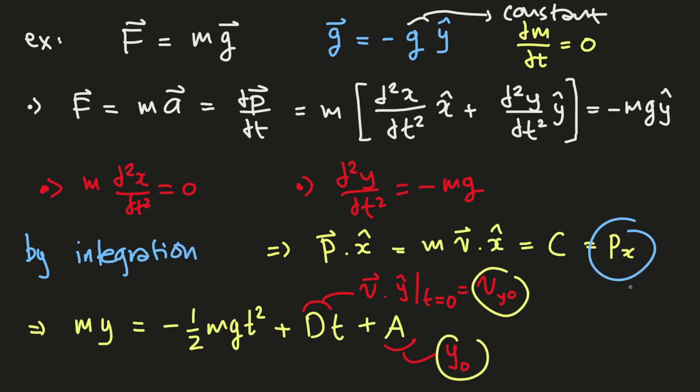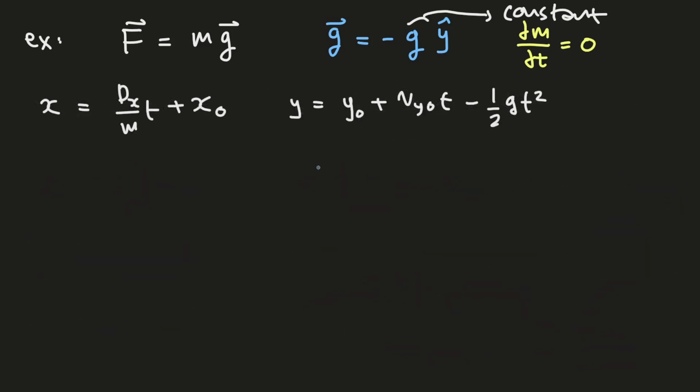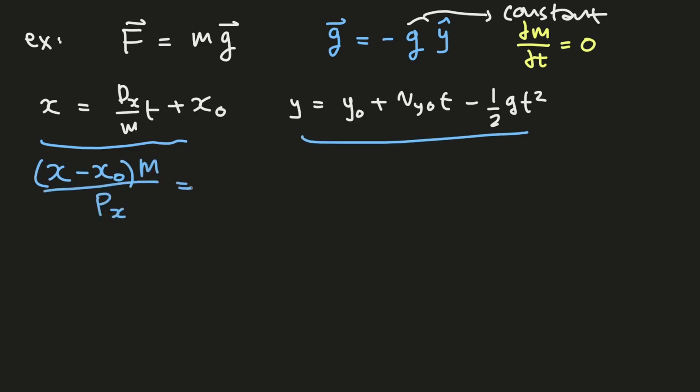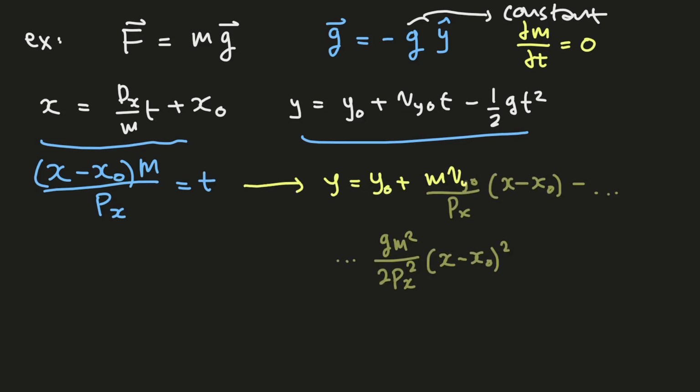Notice that these three constants make 0, so solving the x equation we get x like this. If we collect both results and solve for t in x, then using this t in y, we get y as this.